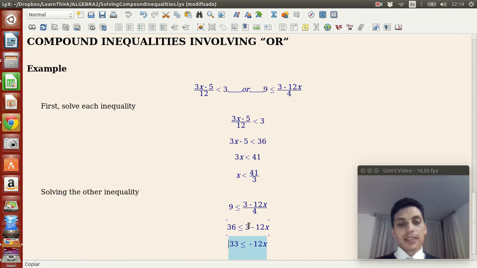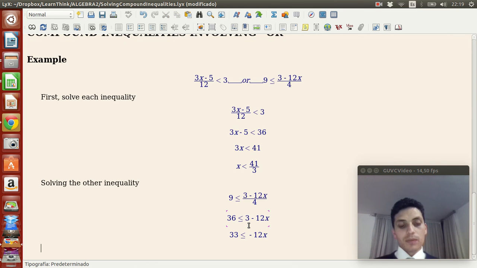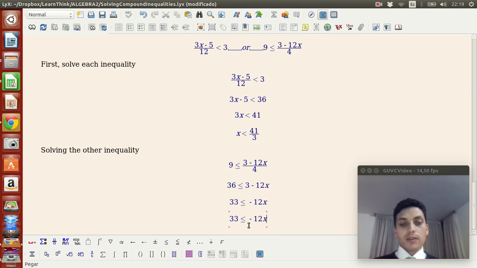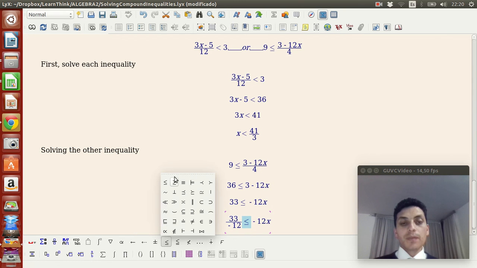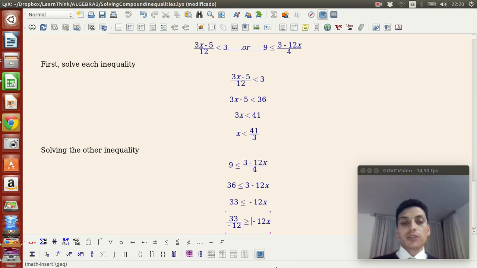And the next step, divide each side by minus 12. But I divide by a negative number, so I have to change direction.